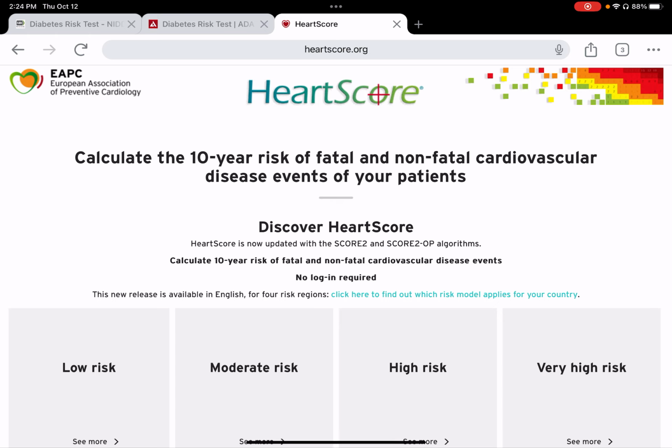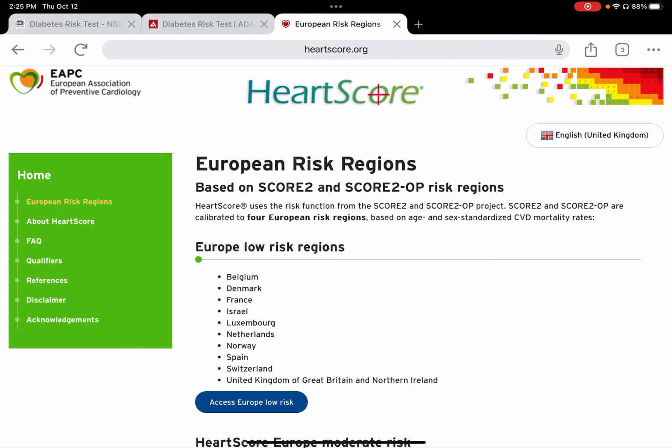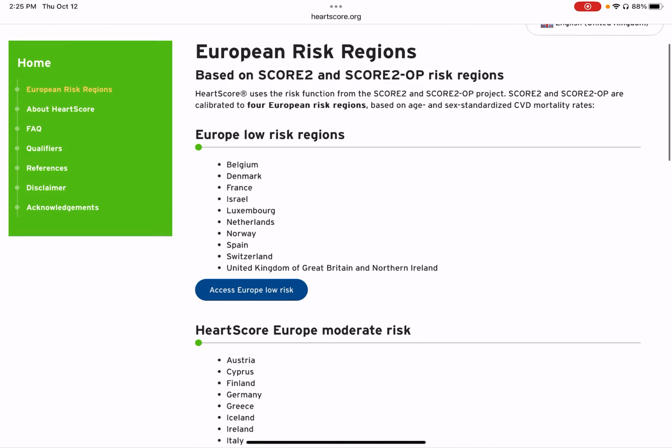This is just a very simple website that will calculate the 10-year risk of a fatal or non-fatal cardiovascular disease event in your patient. Let's see which risk model applies in our country. This was developed by European scientists.